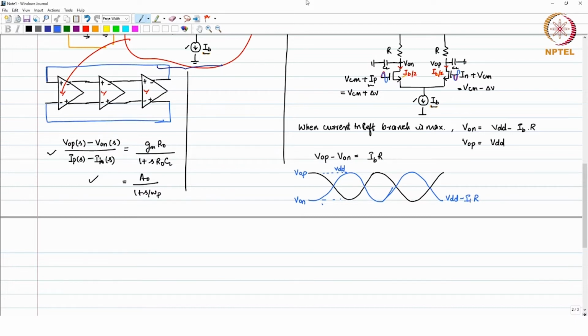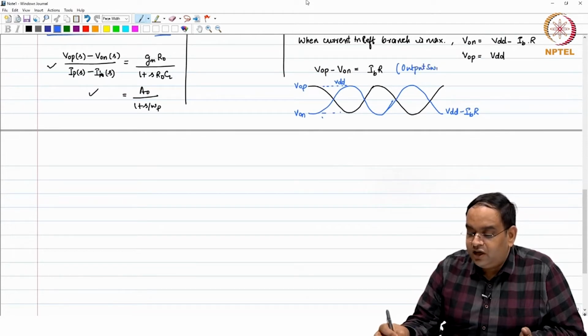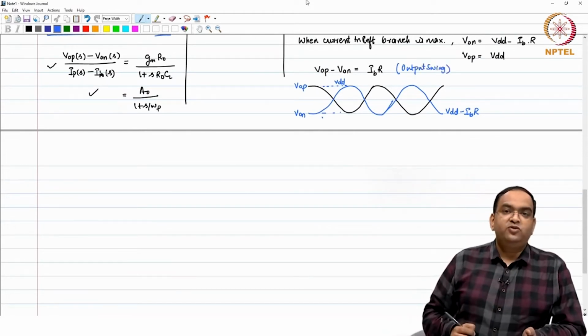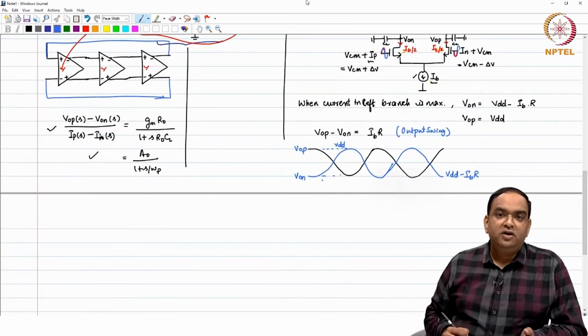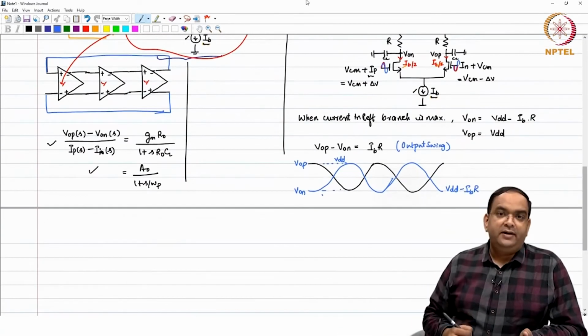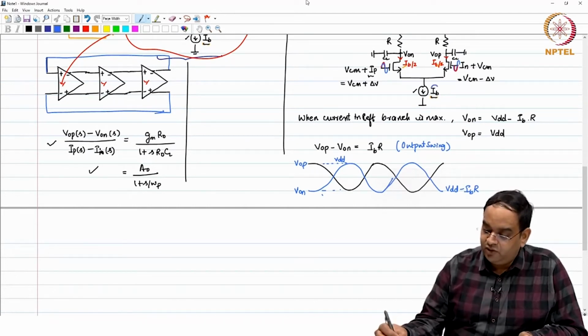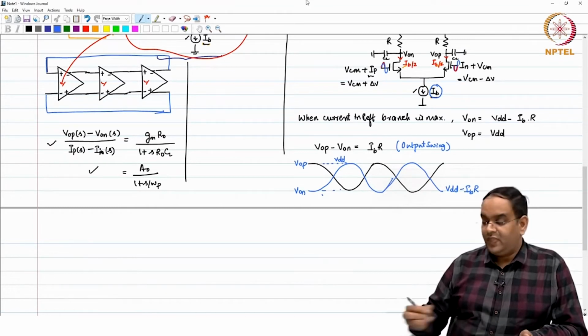Okay. So, that is the maximum, that is the output swing. If we want to control the output swing using such a differential cell, it actually gives you the swing which you want, and you can also control the swing by controlling the current IB, right.